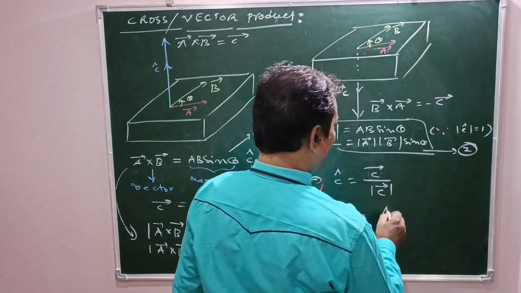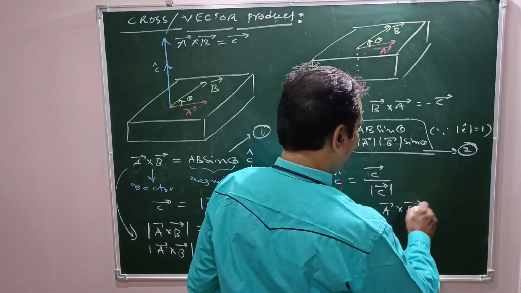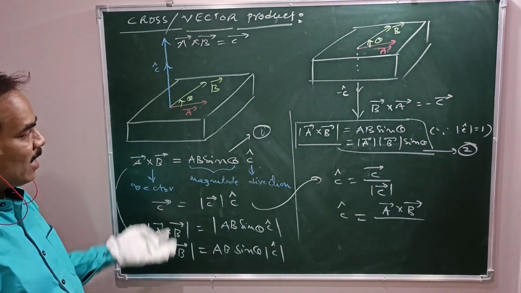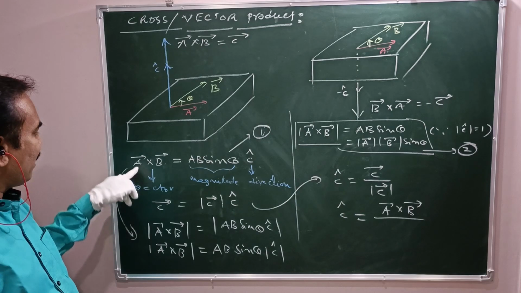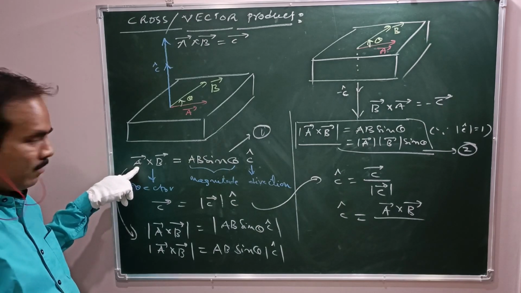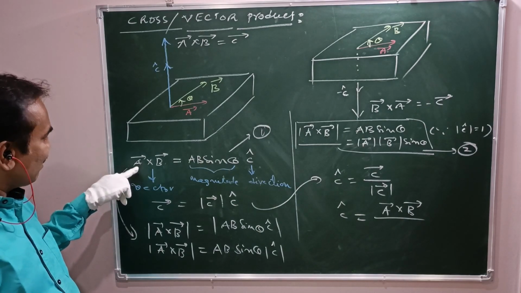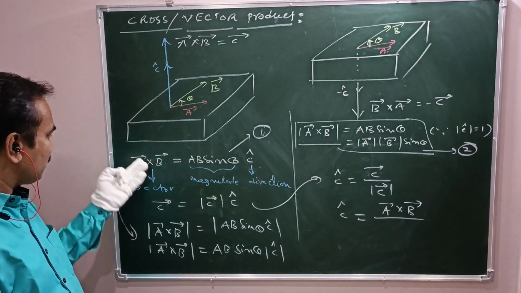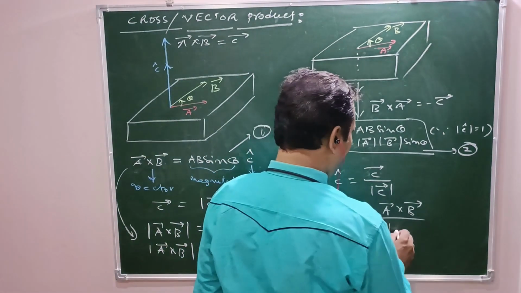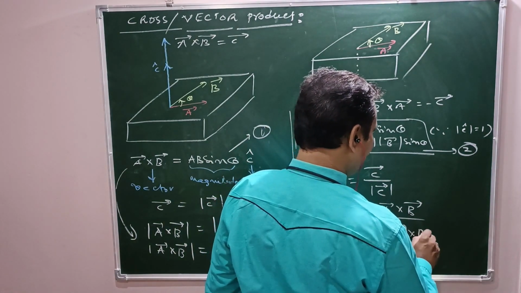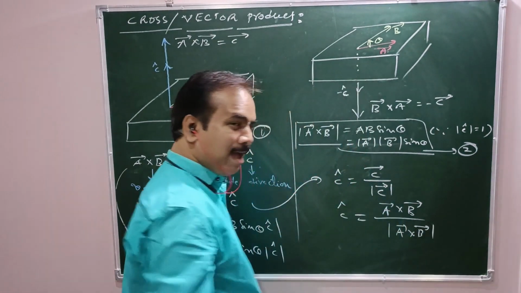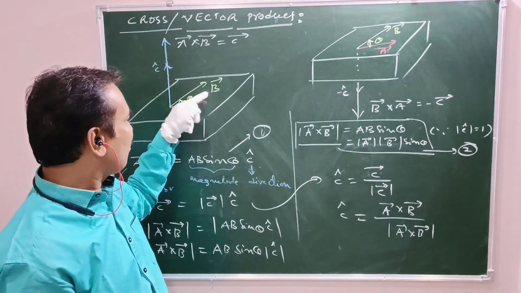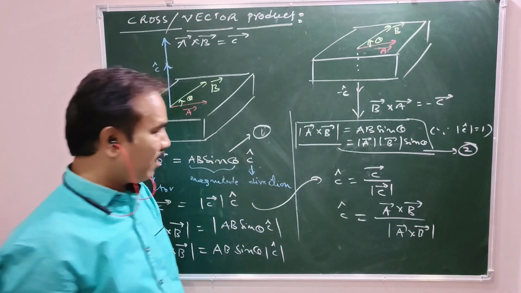So C cap is A bar cross B bar by mod of A bar cross B bar. Why? Because C bar is a new vector, which is the result of A bar cross B bar. Mod C bar means mod of A bar cross B bar. Now what is C cap? It is the unit vector which is perpendicular to A bar, B bar and the plane of A bar and B bar.